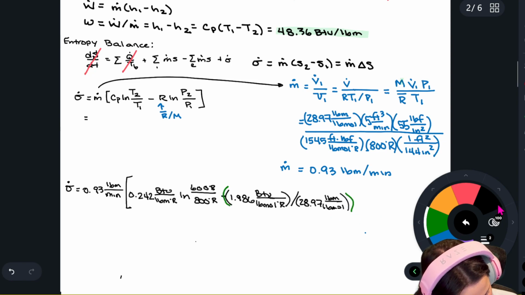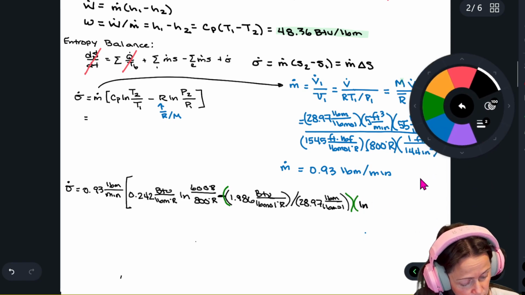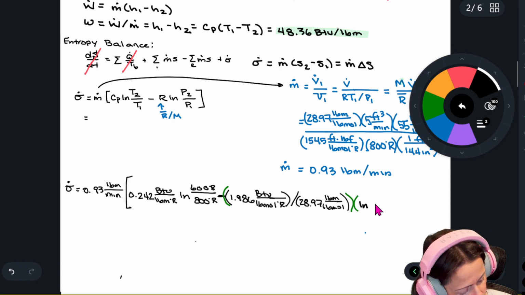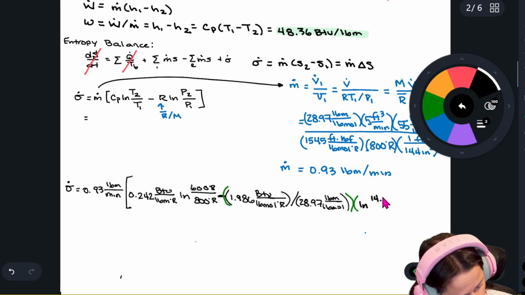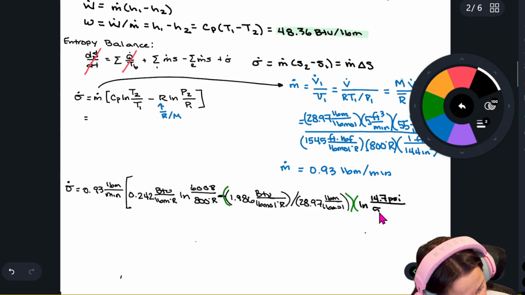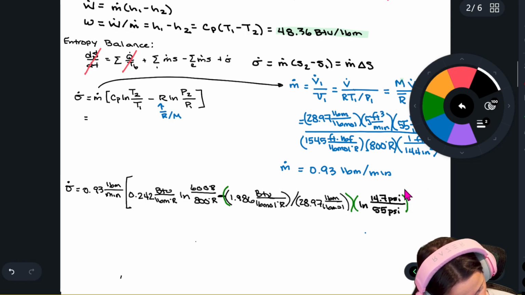That's minus. And then this is going to be times the natural log of P2 over P1. So P2 is 14.7, and it's PSI over PSI, doesn't really matter, and then 55.